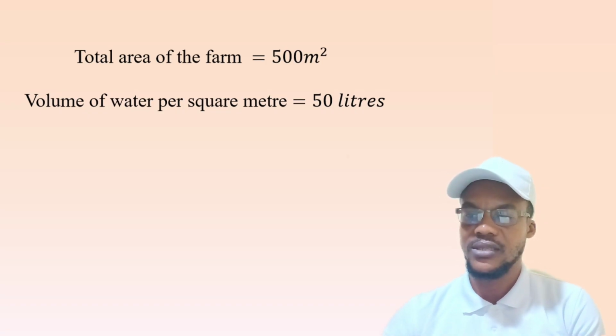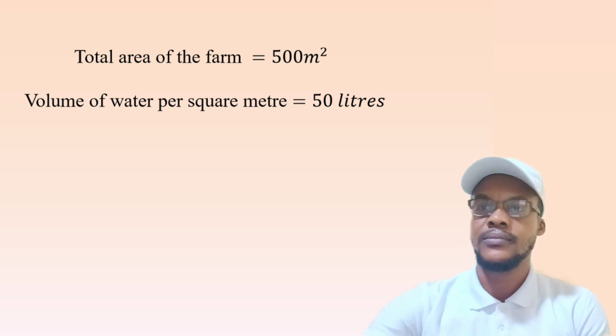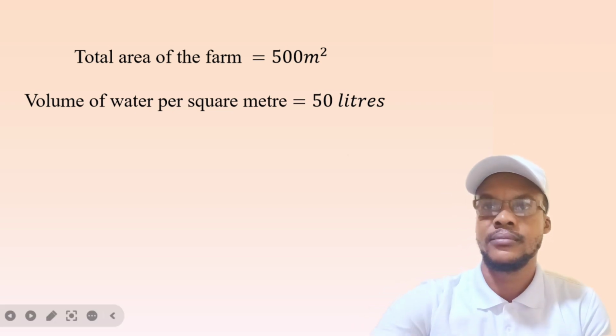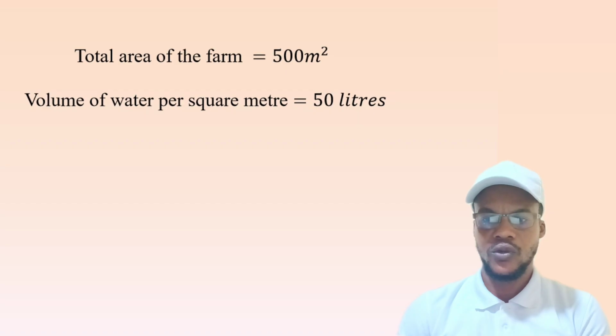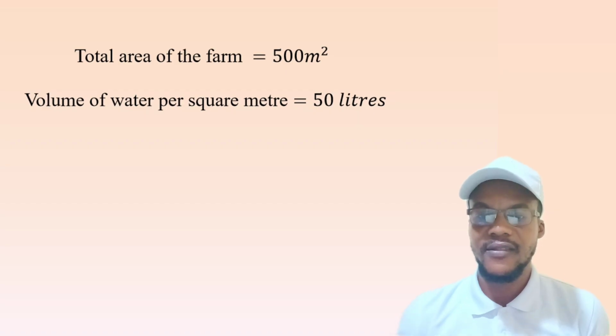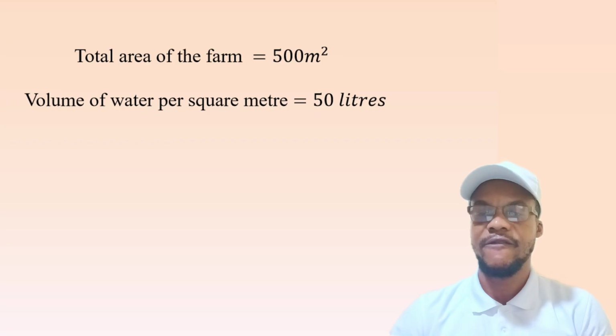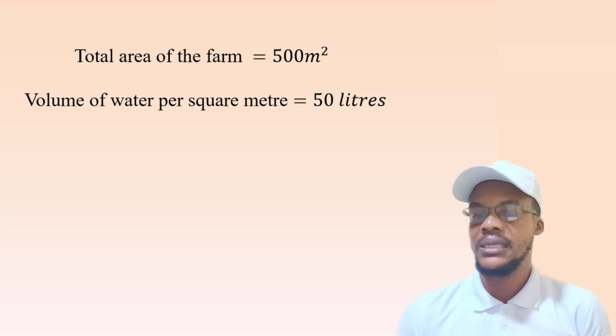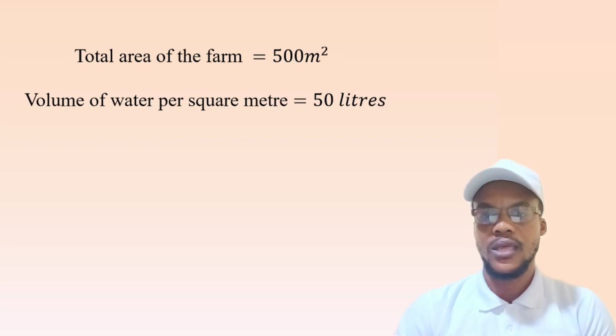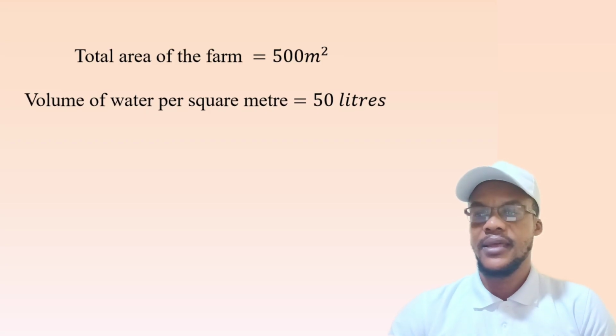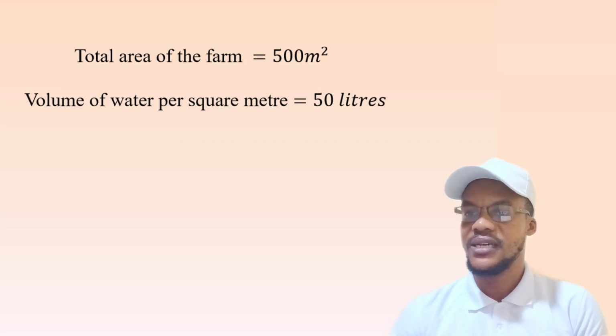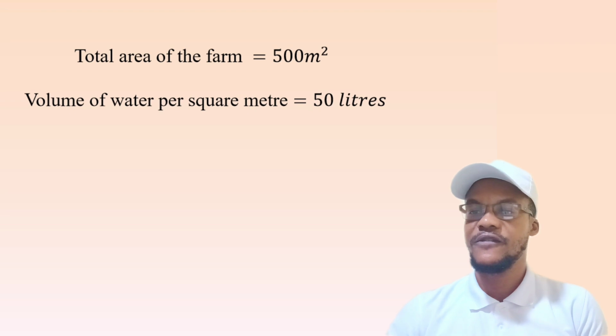Okay, that is great. So we are saying that the area of the farm is 500 meter square, and each square meter will need 50 liters.